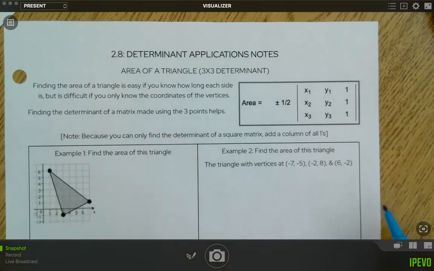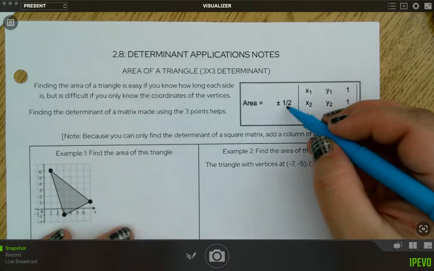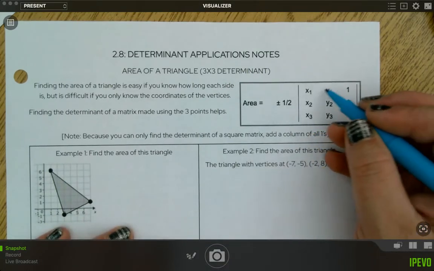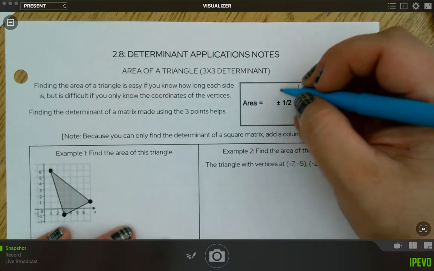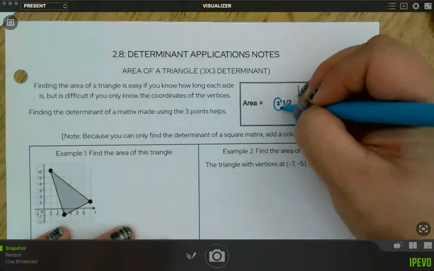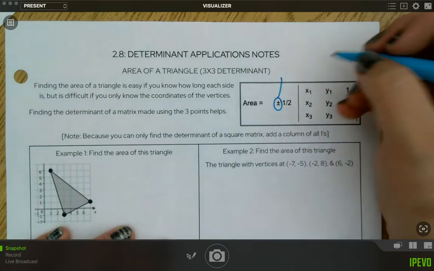And just like we do 1/2 base times height, we're going to do 1/2 times the determinant of this. This ends up being kind of like the base times height. This weird thing out front means that you're either going to use positive 1/2 or negative 1/2.